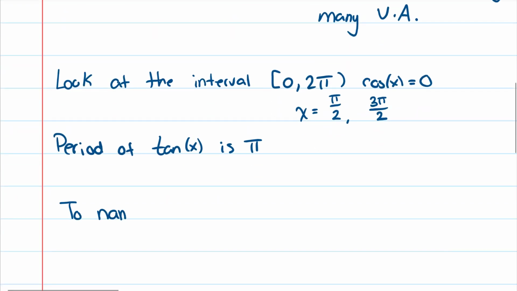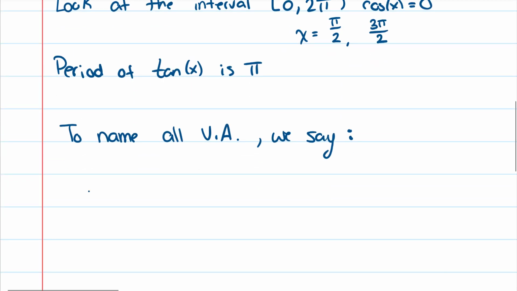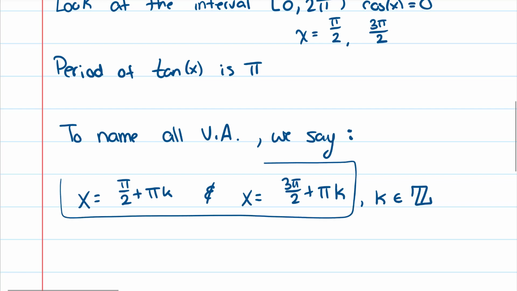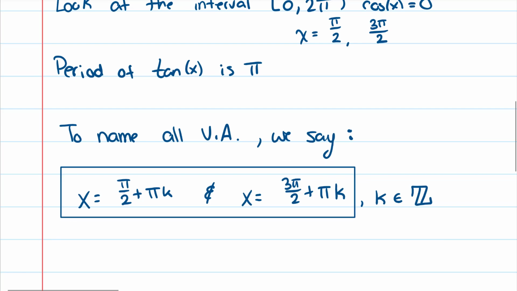So to say all of the vertical asymptotes, we say that x is equal to pi over 2 plus pi k, and x is equal to 3 pi over 2 plus pi k, where k exists in the integers. And this is because it can be a positive or negative number. This is the way that we write all of the vertical asymptotes for tangent.